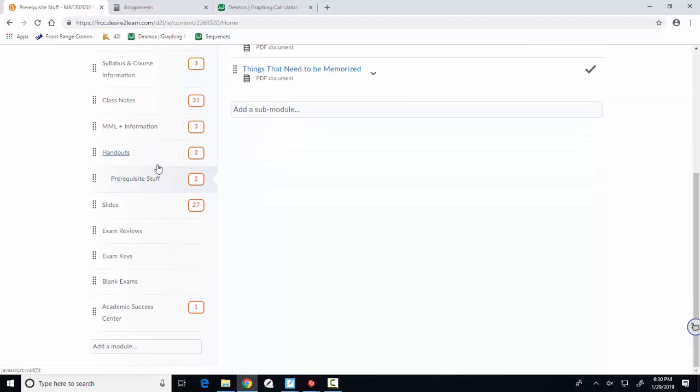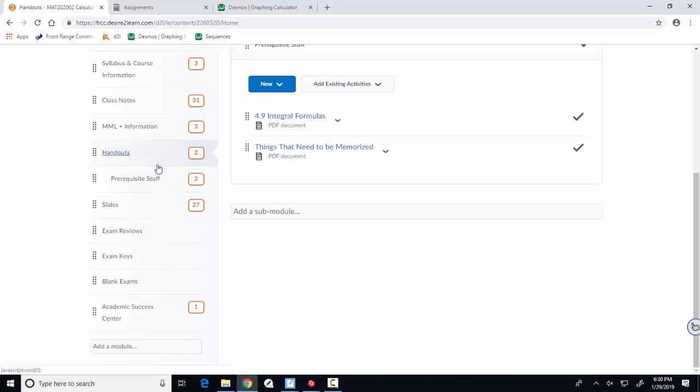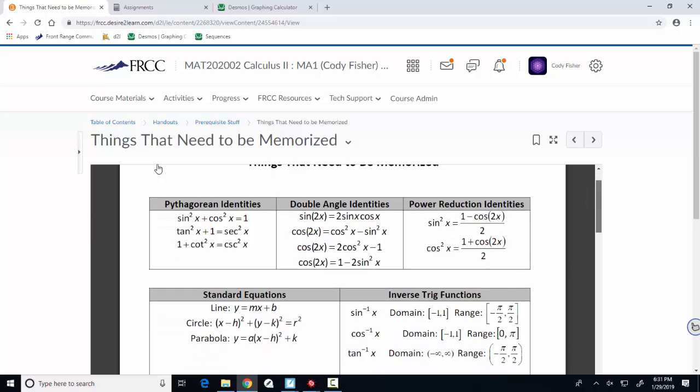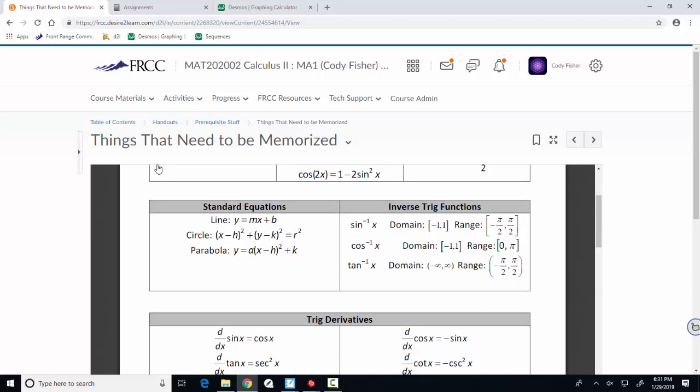So, an announcement. Two things I want to mention under the handouts. If you've printed the things that need to be memorized, you want to reprint this, because I originally posted it as a Word document and didn't catch that it had cropped off the domain.